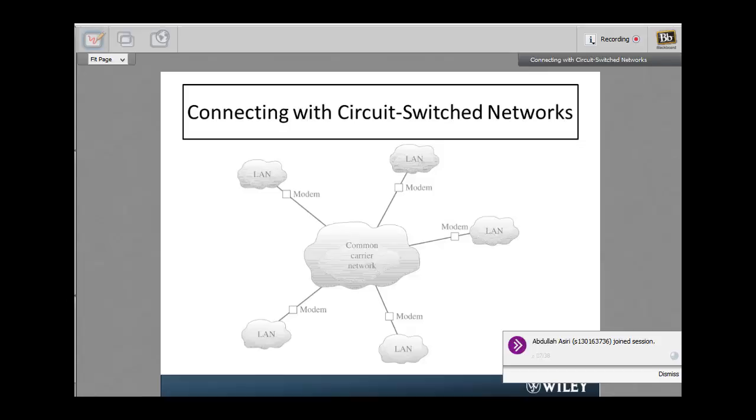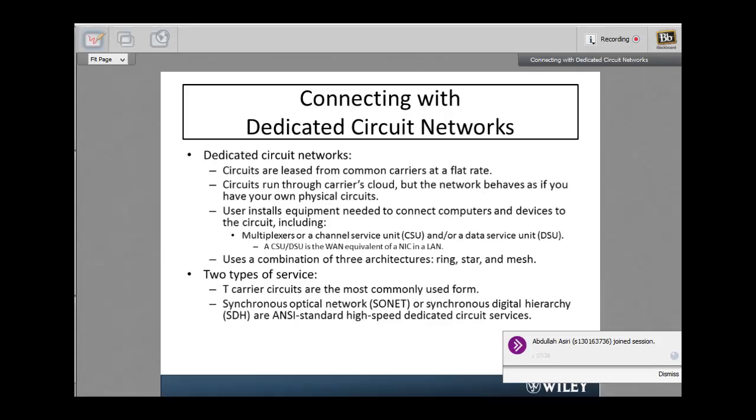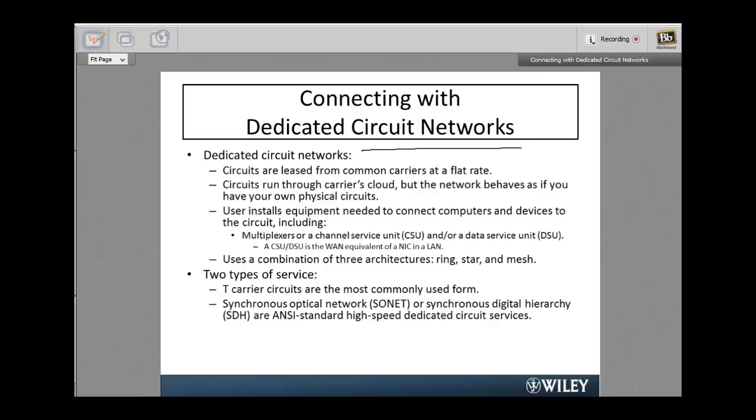Now let's go to the dedicated circuit network, in which you will be given a dedicated route. Circuits are leased from common carriers at a flat rate, and they run through the carrier cloud, but the network behaves as if you have your own physical circuit.